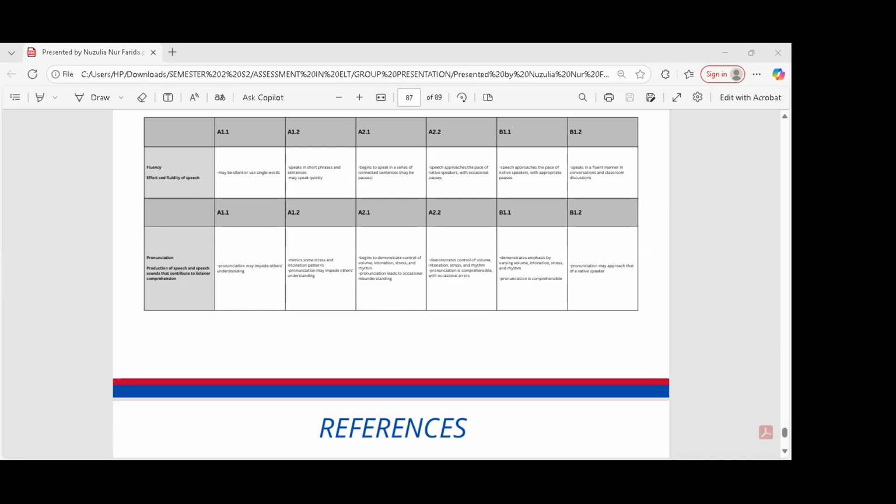We also assess students through their behavior and attitudes. So learning is not only about competencies. We could also measure the students' skills, and their behavior and attitudes in learning.